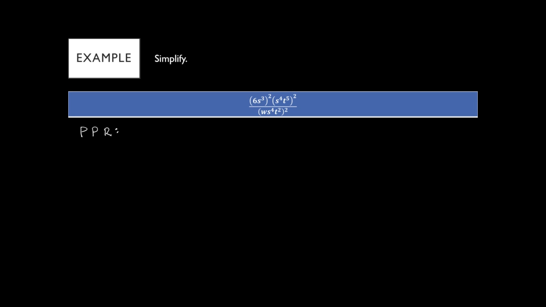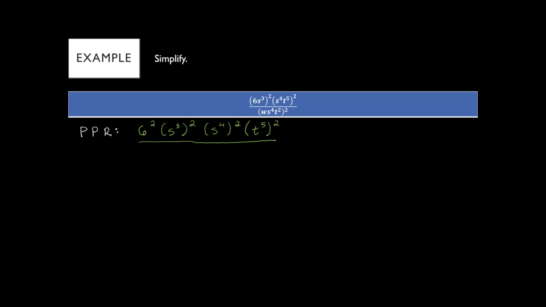So we're not doing anything on the 6, well, no, we are doing something on the 6s. The 6 is getting the square, and then s cubed is getting the square. And then our next set of parentheses, we have an s to the 4th, getting that 2, and then a t to the 5th, getting that 2.